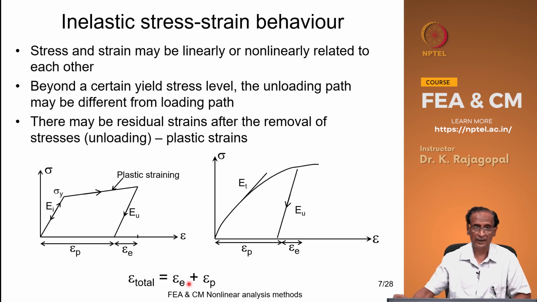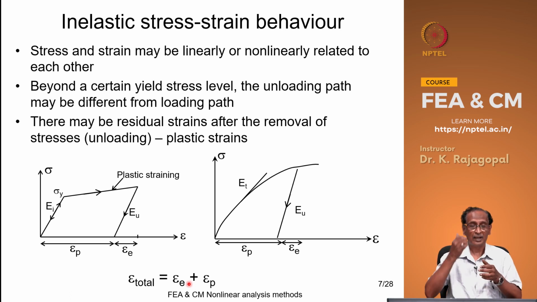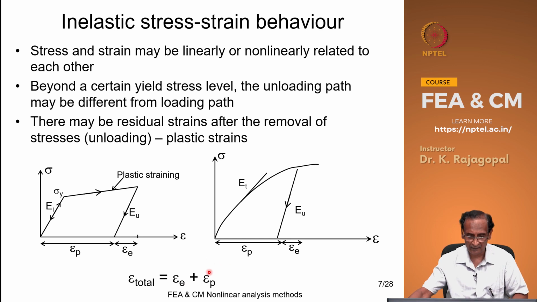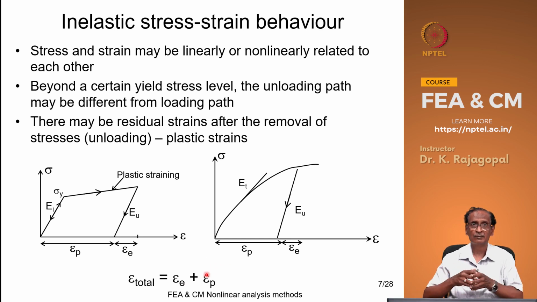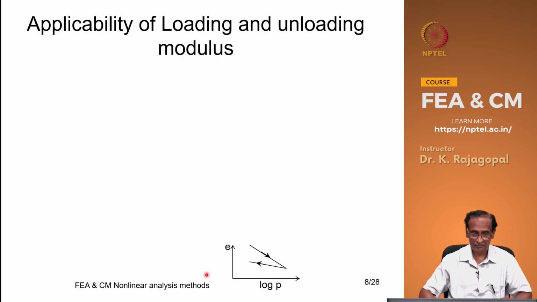So our elastic strains are addressed reasonably well by our elastic stress strain relations, but then the plastic strains, we do not have any capacity to address them right now, but we will see later some methods for estimating our plastic strains. Okay.